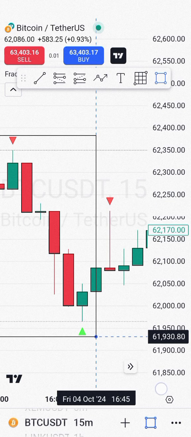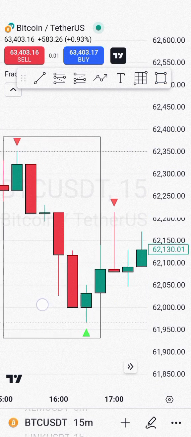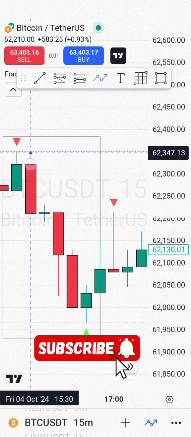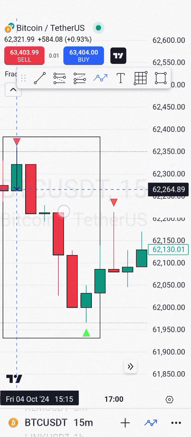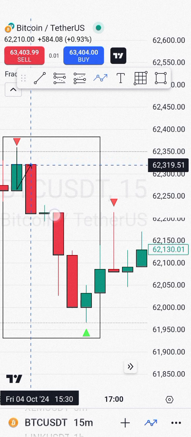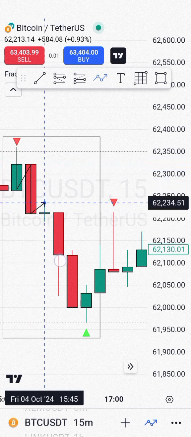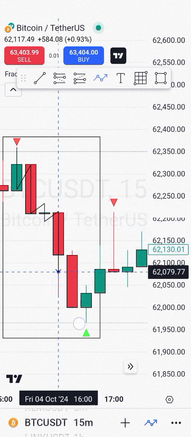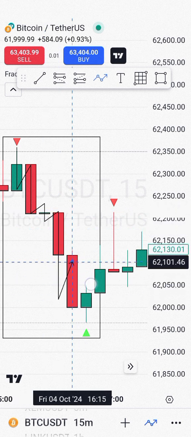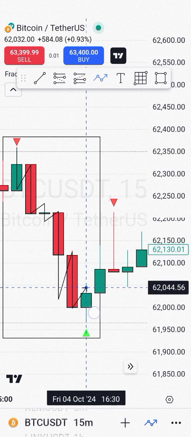So we can look at the impulsive seller's candle. In this case, the candle keeps going down. So we have this candle, then the next one breaks the low of the previous candle, the next one breaks the low of the previous candle, and the next one breaks the low of the previous candle. So that is seller's impulsive candle.